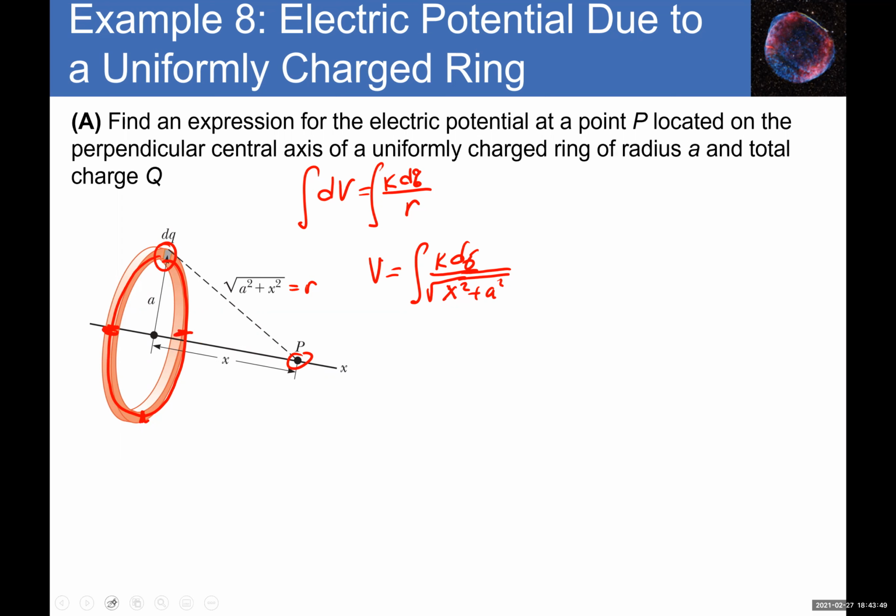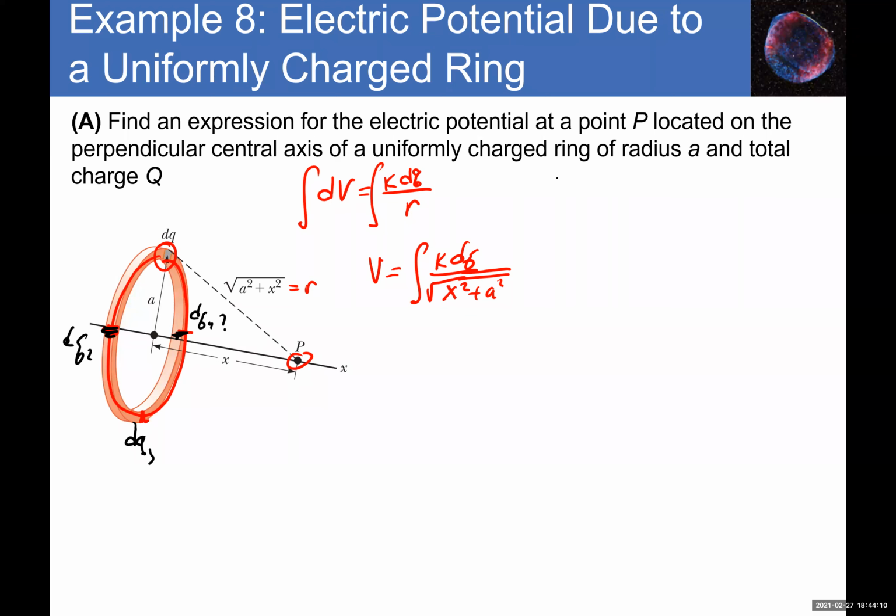If I choose different dq's, will that give me a difference in this expression? Will there be a different distance r for dq2 or dq3 or dq4?